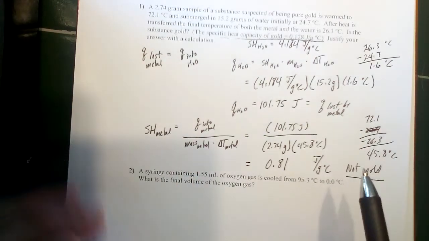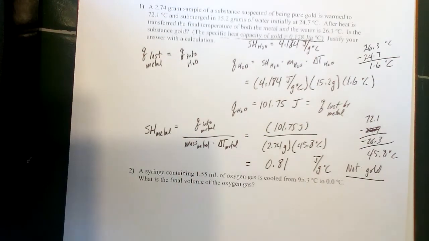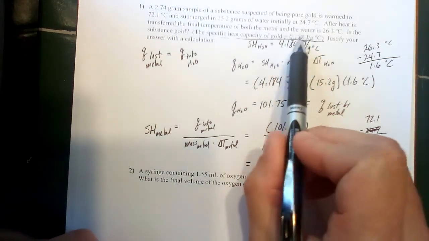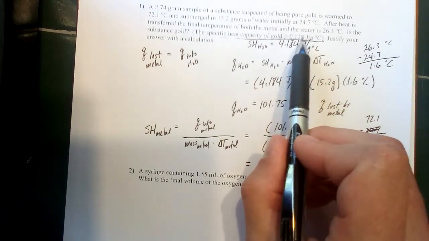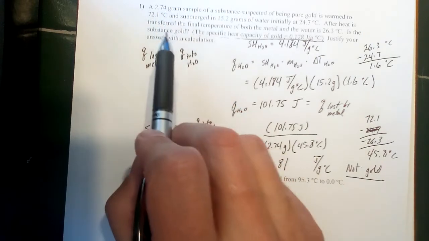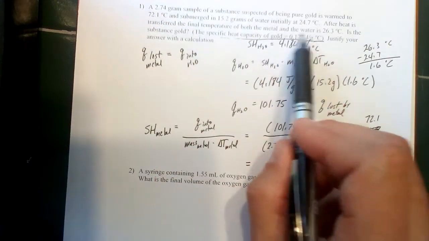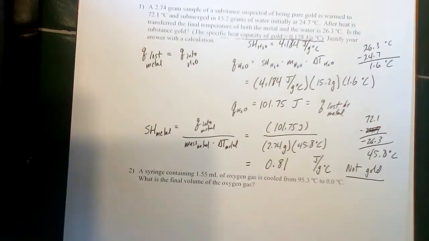Now, I think that's the most straightforward way to do the problem, just determine the specific heat capacity of the mystery metal. You could also use this specific heat capacity. Since you know the mass of the metal, and you know the temperature change with the metal, you could calculate how much heat gold would have had to lose to cause the rise in temperature we saw in the water.